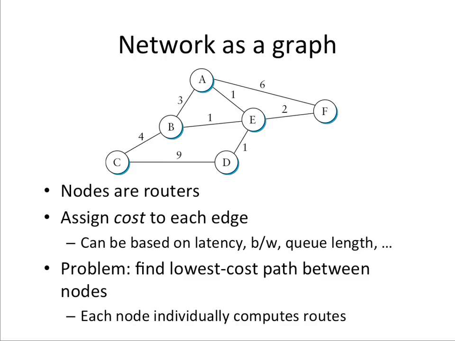Right? Okay. Another type of cost function could be reliability of the link. Some links are more reliable than others, right? Do you think that metric is additive or non-additive, or how would you compose those metrics into something called path metric?